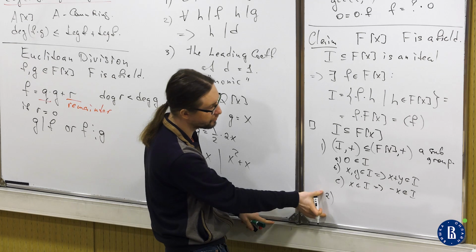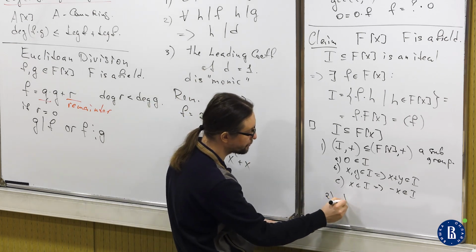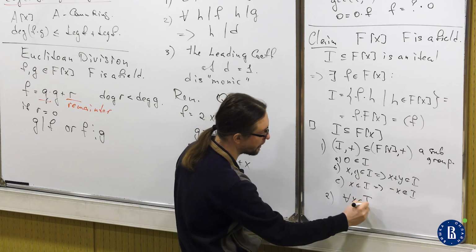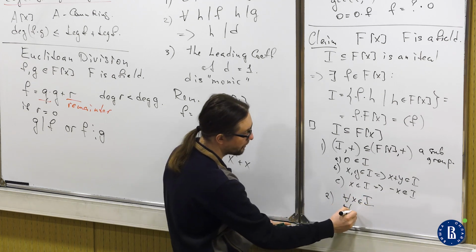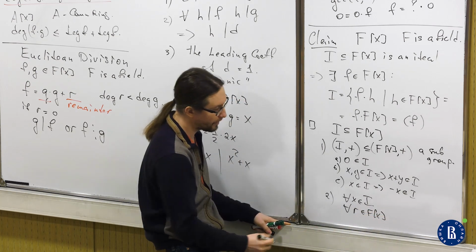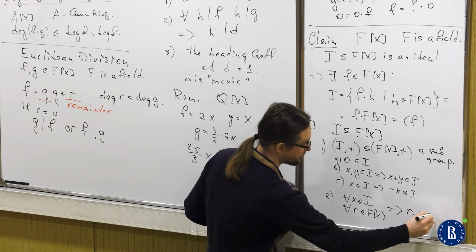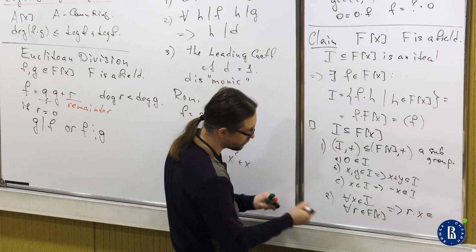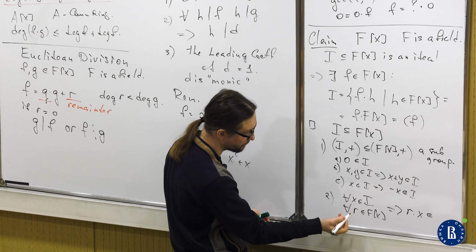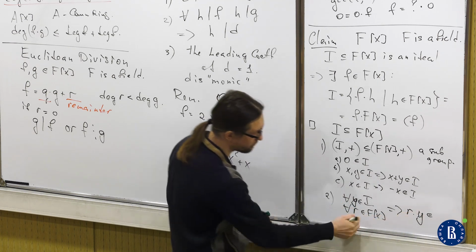And the property number two for being an ideal is the following. If we have an arbitrary element y in the ideal I, and an arbitrary element R in the ring of polynomials, then their product must be inside the ideal. x is not a great choice for a name of the element, so let's say y, because x is reserved here.